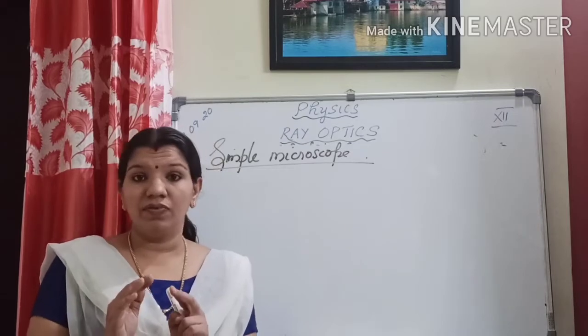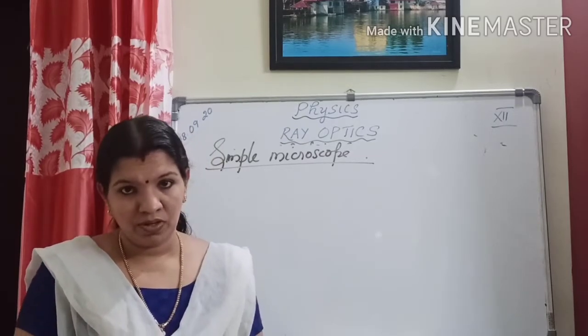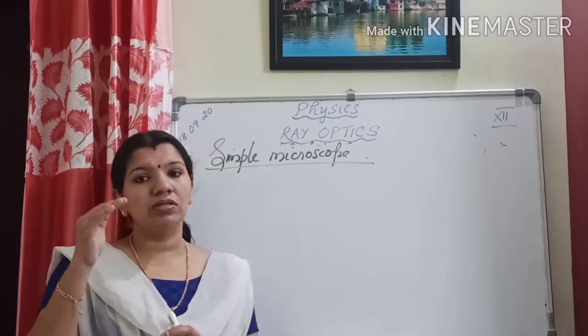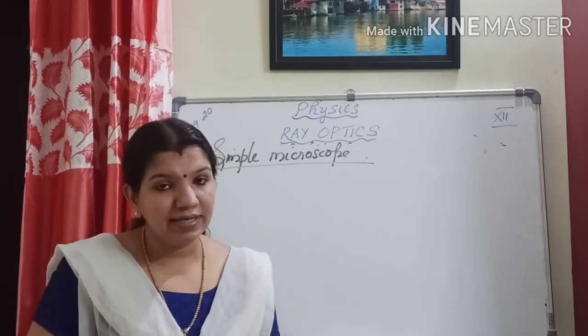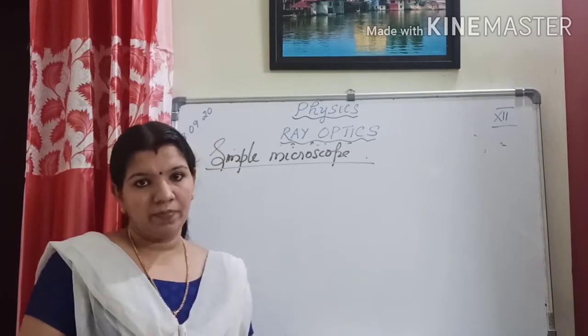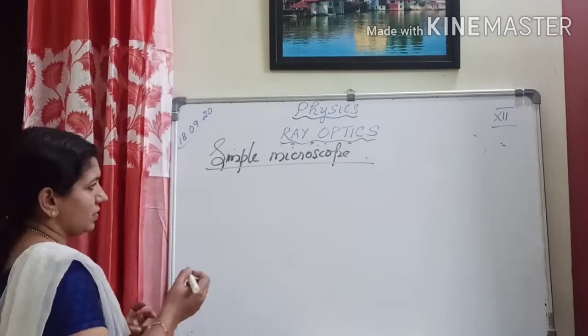Okay, so first we will look at the construction. First I am drawing the diagram for the image formed at least distance of distinct vision. Okay, so let us look into the construction.